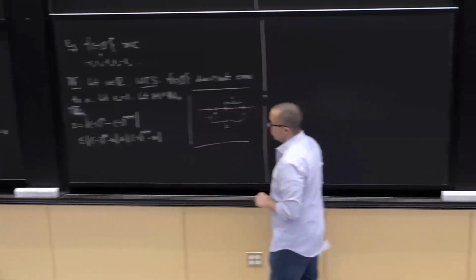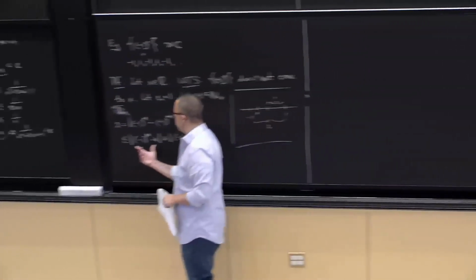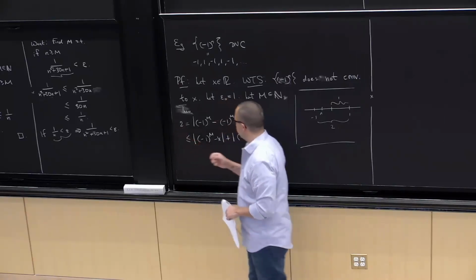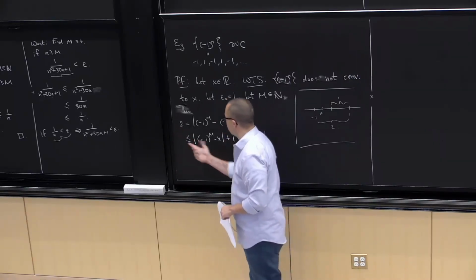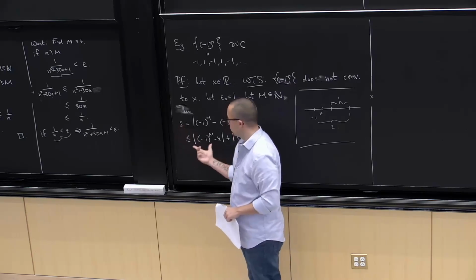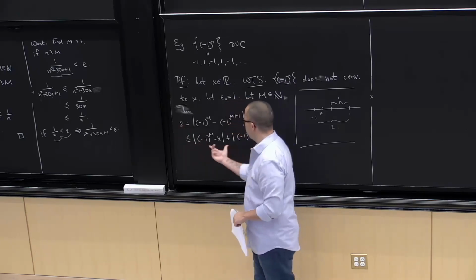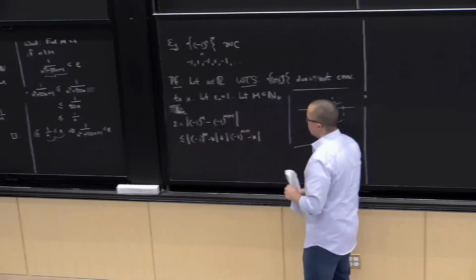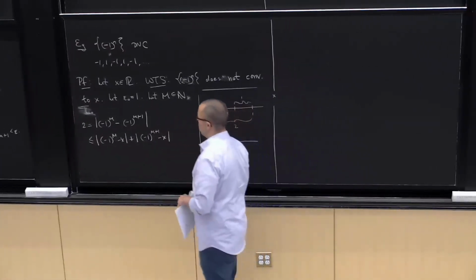Okay? So I have the sum of two numbers is bigger than or equal to 2. Okay? And the only way that can happen is if one of these numbers is bigger than or equal to 1. If both of these numbers are less than 1, then the sum is less than 2, and I would have 2 is less than 2. That's not possible. So one of these numbers has to be bigger than or equal to 1.